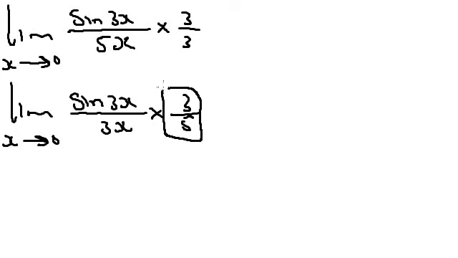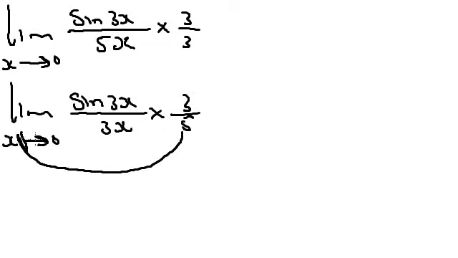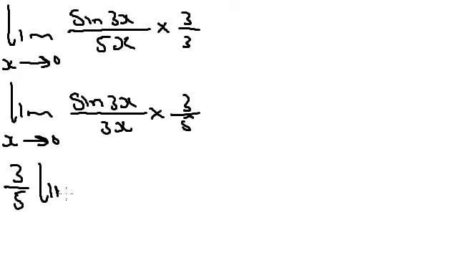Now since 3 over 5 is a constant, we can bring it to the front of the limit symbol, and therefore we can now have 3 over 5 multiplied by the limit as x approaches 0 of sine 3x all divided by 3x.